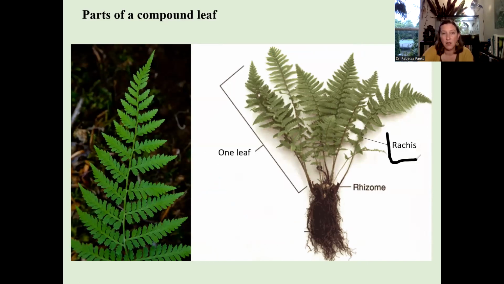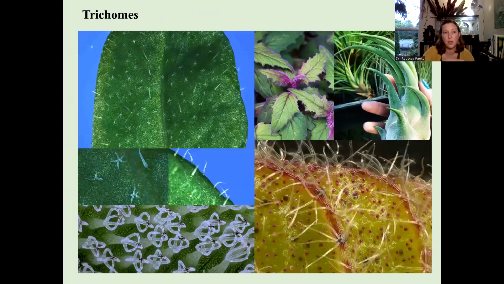Rachis, R-A-C-H-I-S, is how it's spelled, and it sounds like RAY-kiss. So on this leaf over here, this central vein, we would call that a rachis because we're dealing with a compound leaf. We'll learn more about the rachis when we get to the ferns. All right, so parts of a simple leaf, covered it. Parts of a compound leaf, covered it.